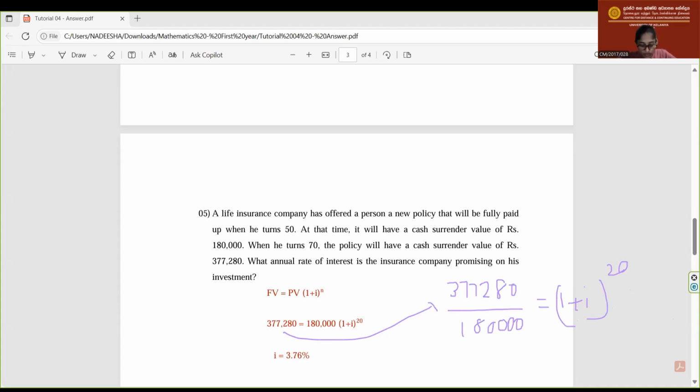Take the calculator and press 377,280 divided by 180,000. Then the answer would be 2.096 equals (1 plus i) to the power of 20.